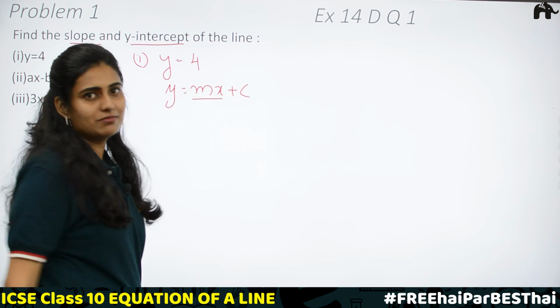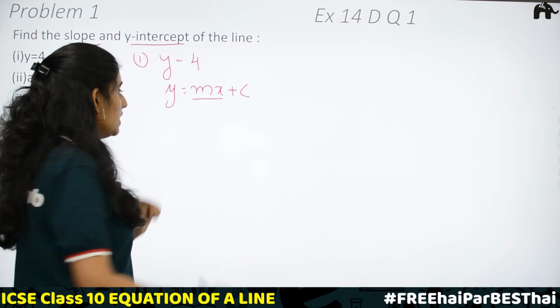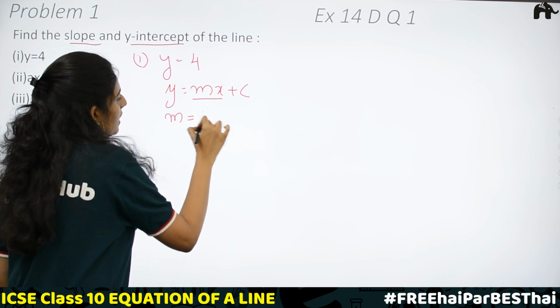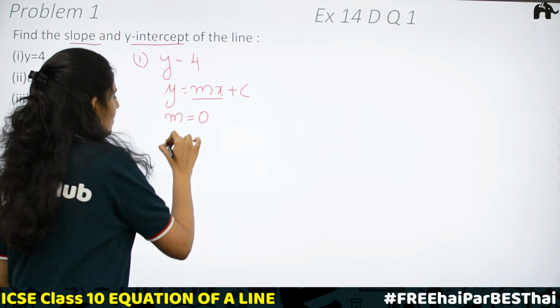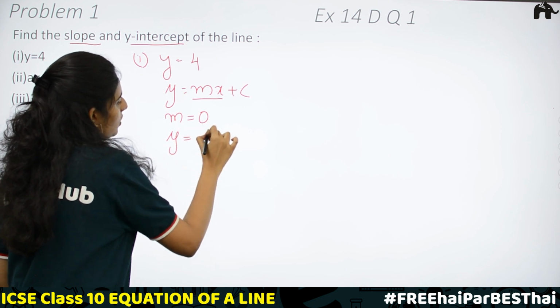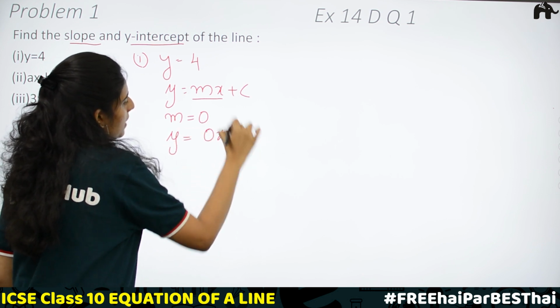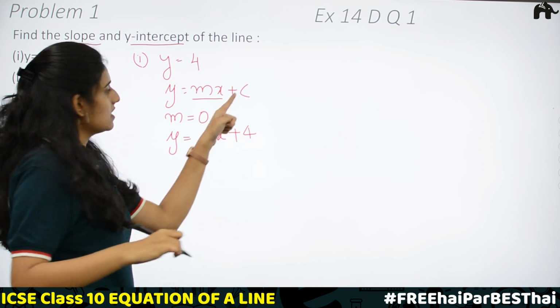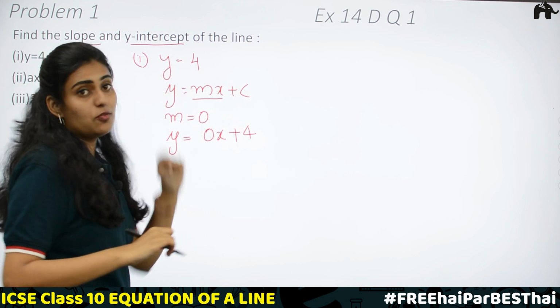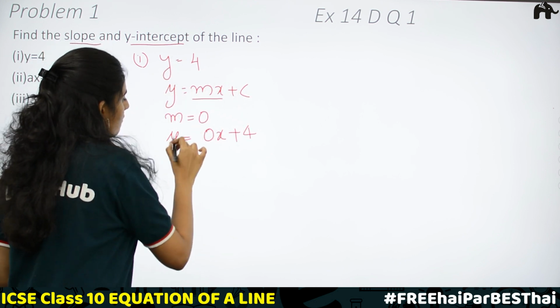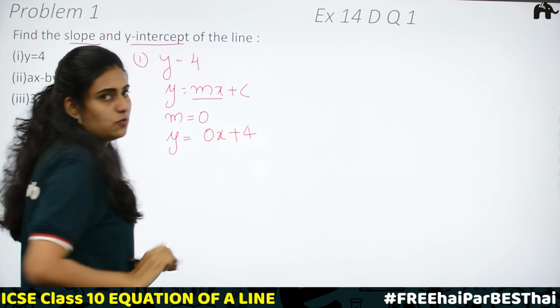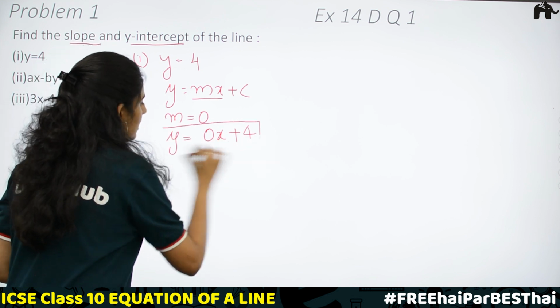Where is this term? This term is not given, which means here the slope m will be equal to 0. Therefore, we can write y is equal to 0 into x plus 4. c is a constant and it is the y-intercept. So, y is equal to 0x plus 4 is the exact equation.